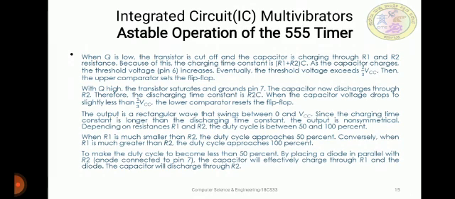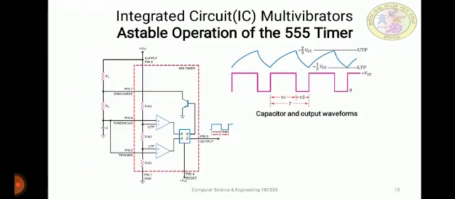The time taken for the capacitor to charge is given by T = 0.693 × (R1 + R2) × C. The discharging time is given by 0.693 × R2 × C.